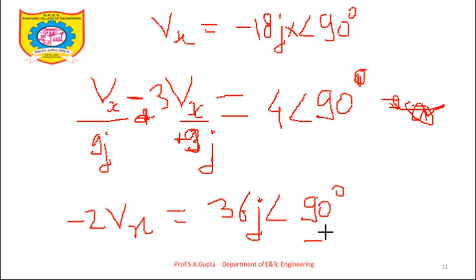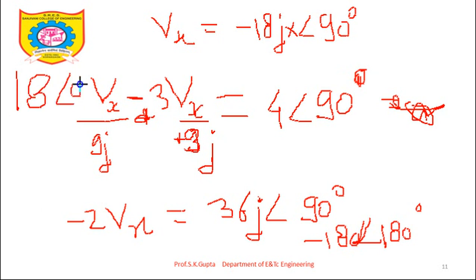So Vx equal to 18 with angle 180 degree. But this 180 degree has a negative sign. So this can be written as Vx equal to 18 with angle 0 degree, because we know that 180 degree means, what is the sign of 180 degree angle?